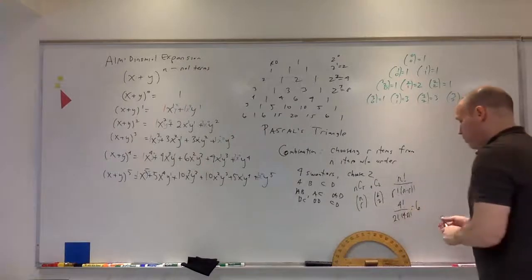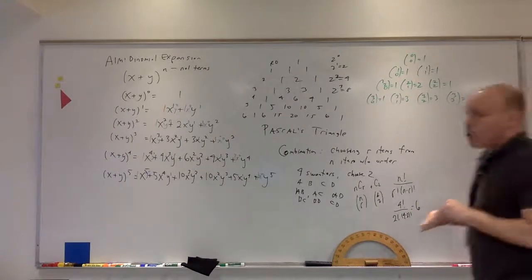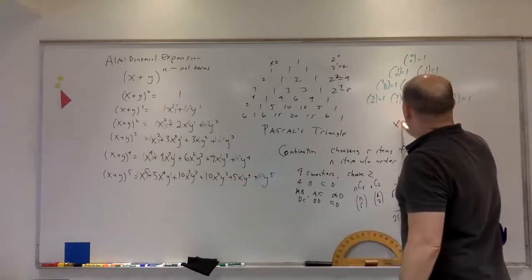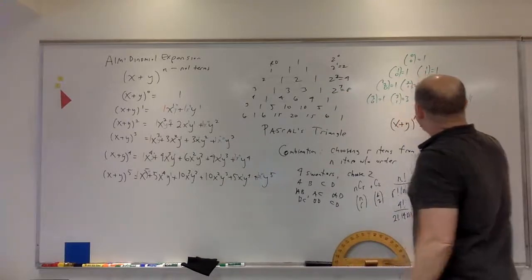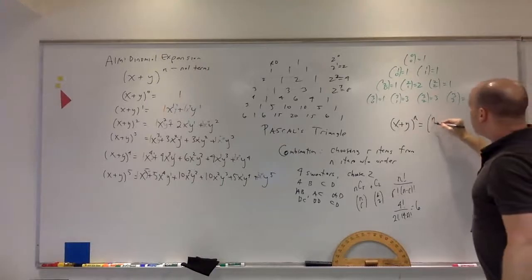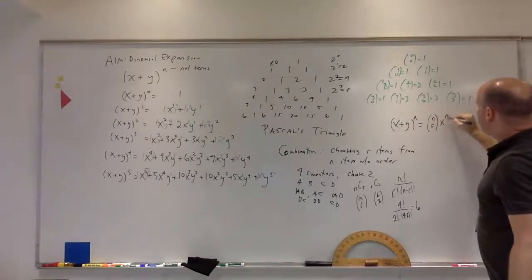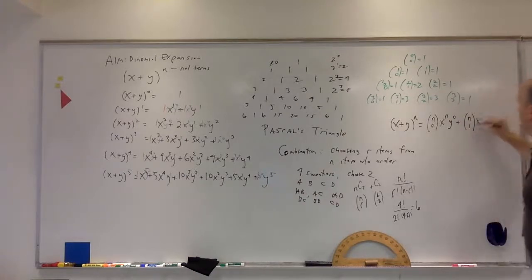we can summarize the binomial theorem by saying that (x plus y) to the n is equal to n choose 0, x to the n, y to the 0, plus n choose 1, x to the n minus 1, y to the 1, plus n choose n minus 1, x to the 1, y to the n minus 1, plus n choose n, x to the 0, y to the n.